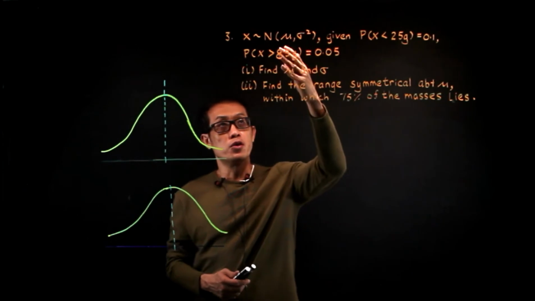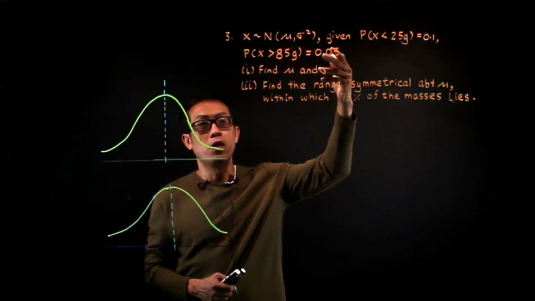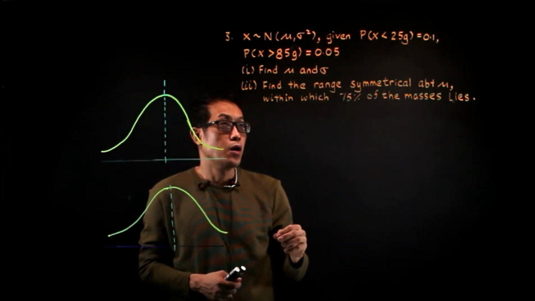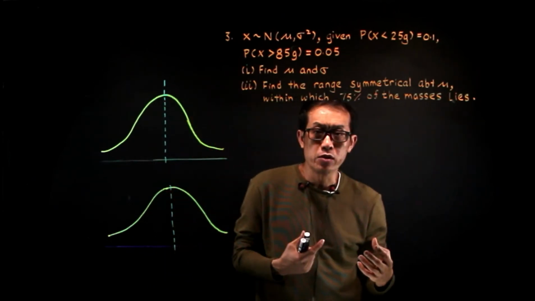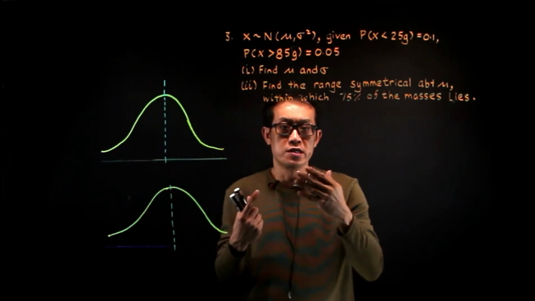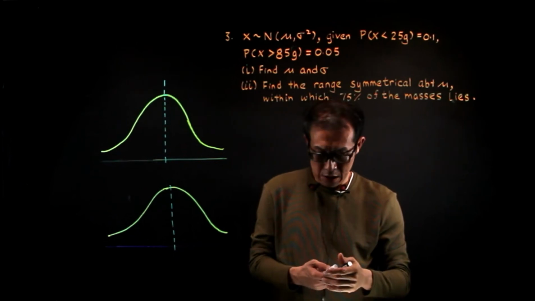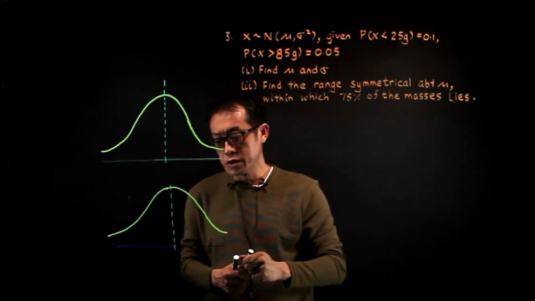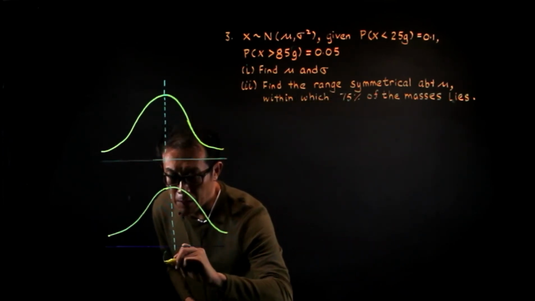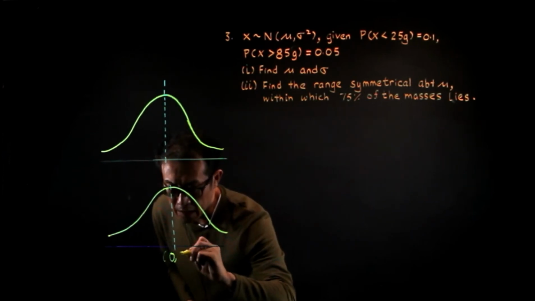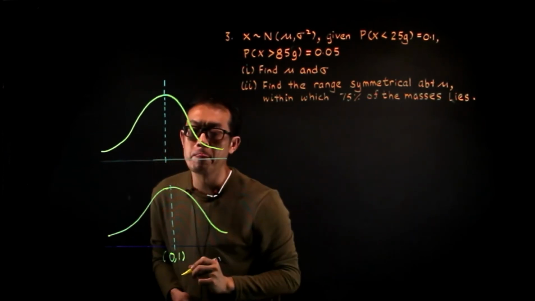Now, when you do not know its mean or its standard deviation, what we must do is convert it to a standard normal distribution. A standard normal distribution has a mean of 0 and standard deviation 1.